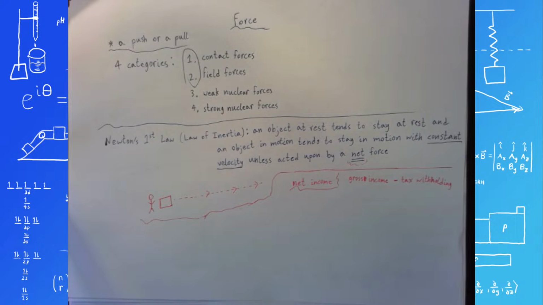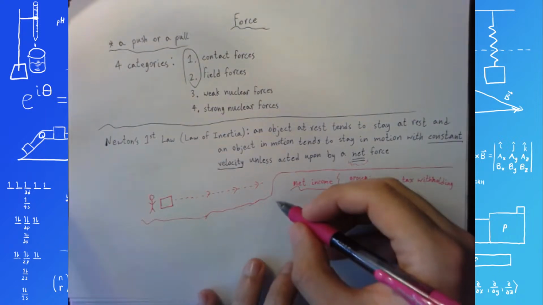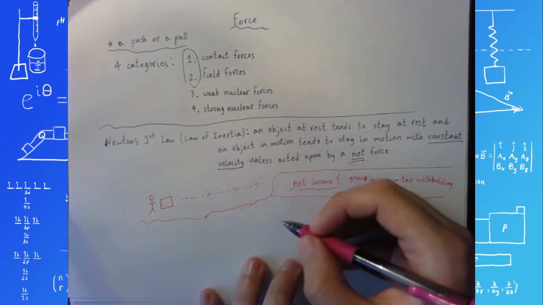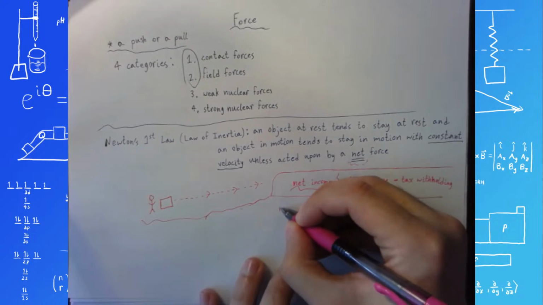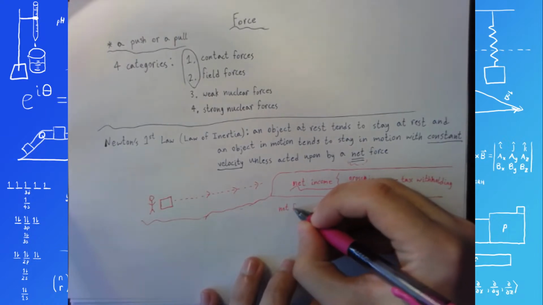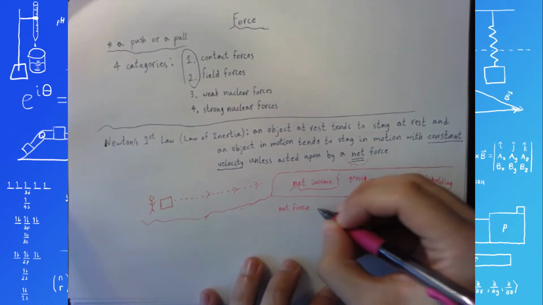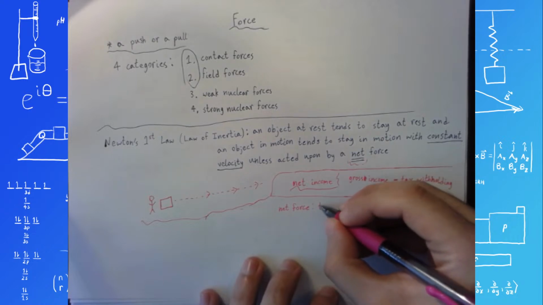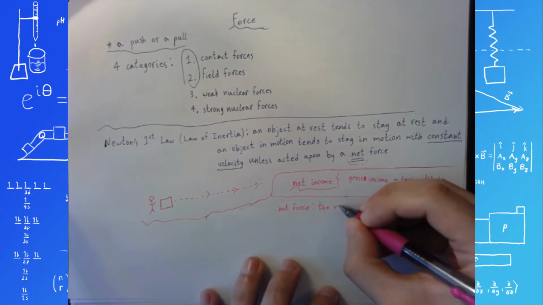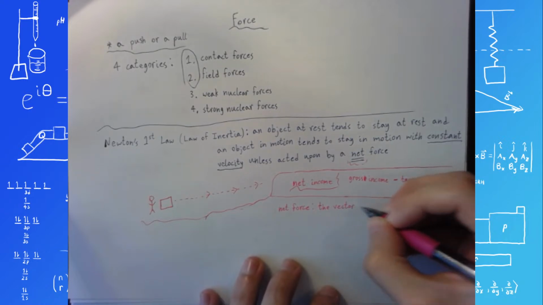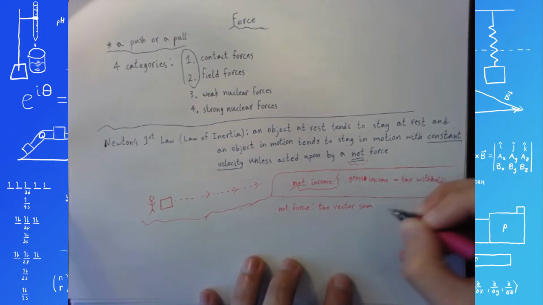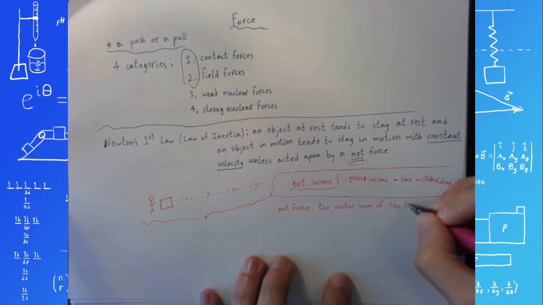So what about net force? How does this term apply to forces? Net force is what's left over after all forces have been accounted for. So basically, net force is the vector sum of the forces acting on an object.